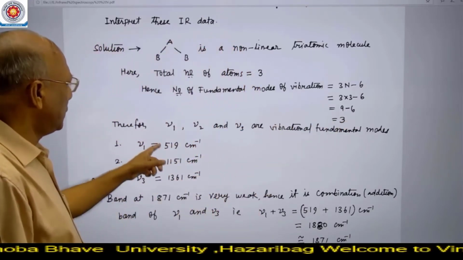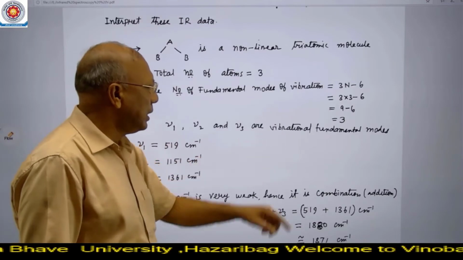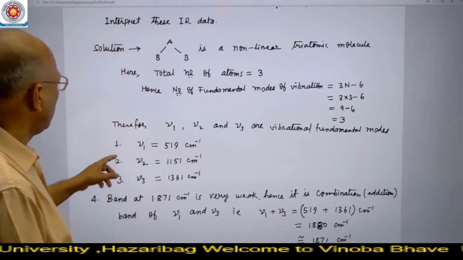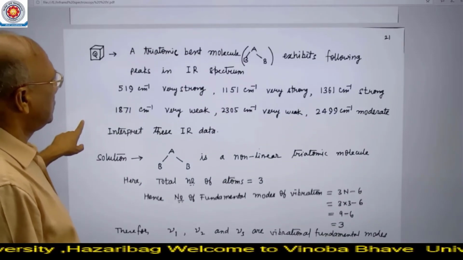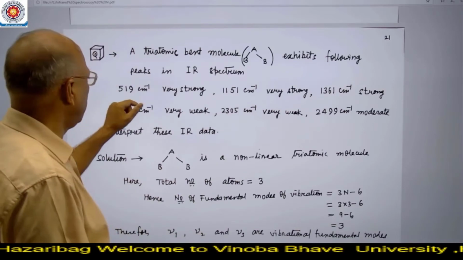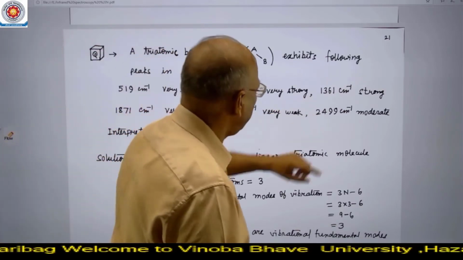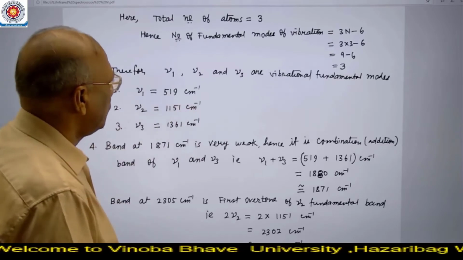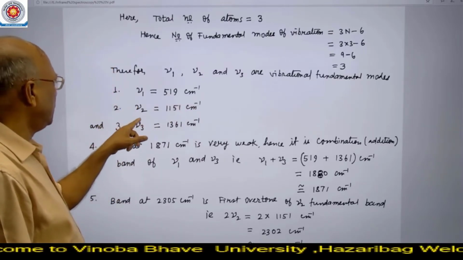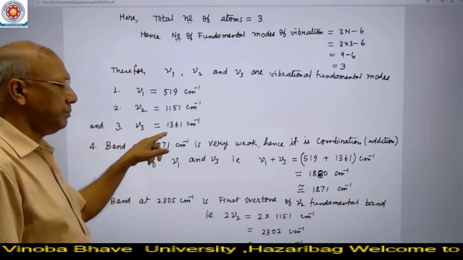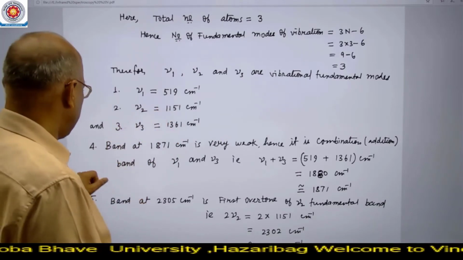That is, nu1, nu2 and nu3 are its fundamental vibrational modes. Since these three are very strong, 519, 1151 and 1361 per centimeter are the fundamental modes of vibration nu1, nu2 and nu3.